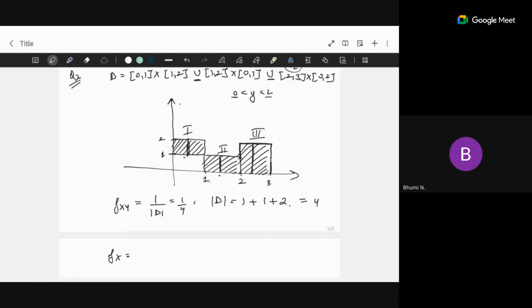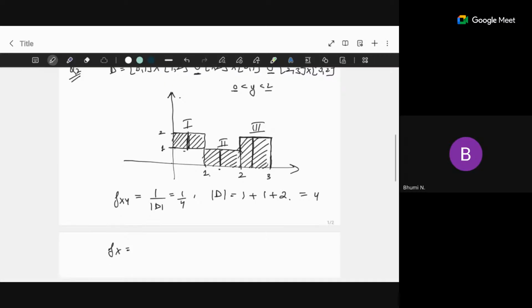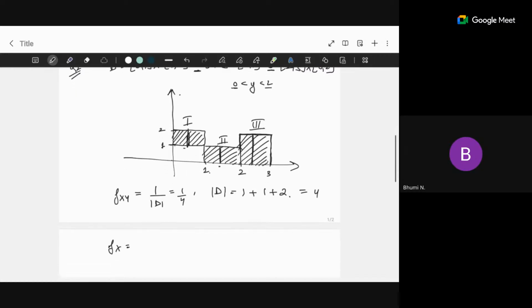If we calculate by your method, then it will be half and half. But in the options, it is not given as half and half. It is given as 1 by 4 or 1 by 2. How will we get 1 by 4? Because here we are taking the union, the portion will be half and half, right?